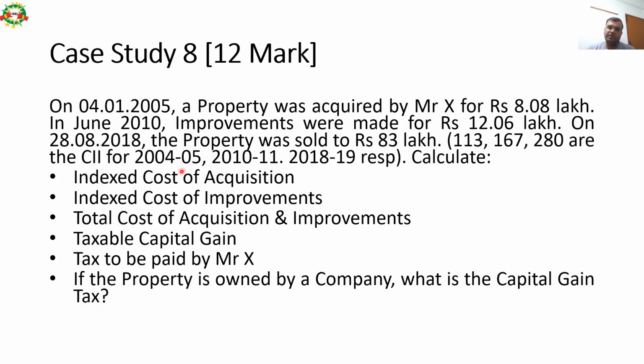The cost index for 2004-05, 2010-11, 2018-19 has been given here: 113, 167, 280 respectively. And we have to calculate the indexed cost of acquisition, indexed cost of improvement, total cost of acquisition and improvement, taxable capital gain, the tax to be paid by Mr. X, and if the property is owned by a company, what is the capital gain tax? So any 1, 2, 3 or maybe all such questions can come in any case study in the exam.